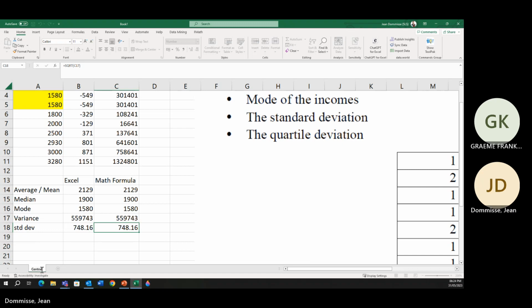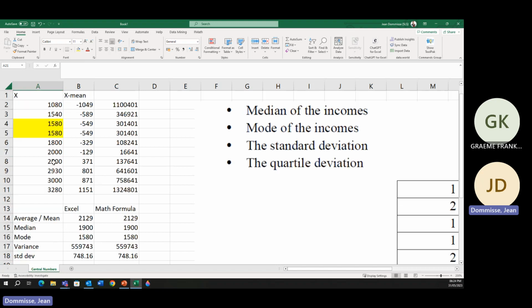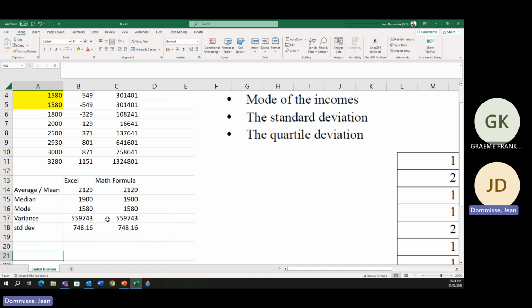I'm just going to call it central numbers, because it refers to your central tendency, which is your mean, median, and mode, and then dispersion, which looks at your variance and standard deviation. If there was a range, we could have added that. And then for quartile deviation.